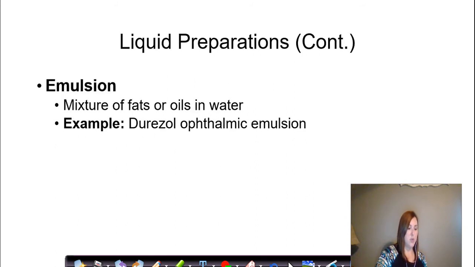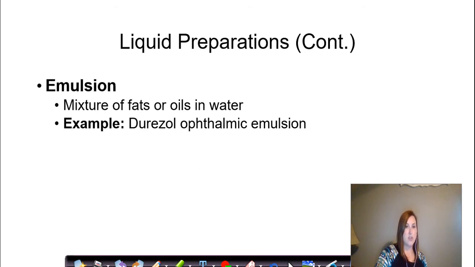Emulsion is another liquid preparation. It's a mixture of fats or oils in water. We're going to talk about a lot of these liquid preparations. They're all kind of, I don't want to say one and the same, because they're all a different mixture, but they're all going to be some type of liquid. Usually they're going to have what type of liquid they are in their name.